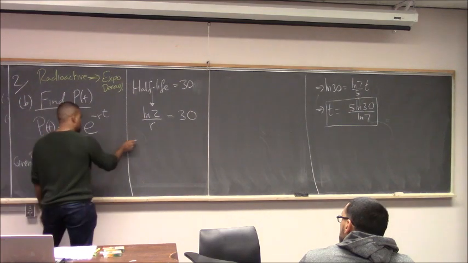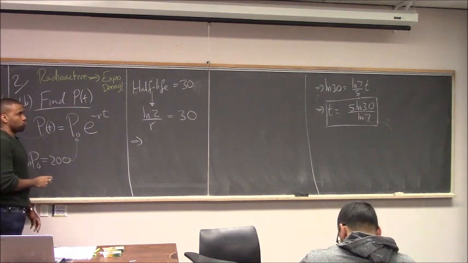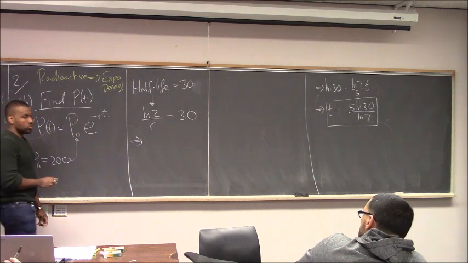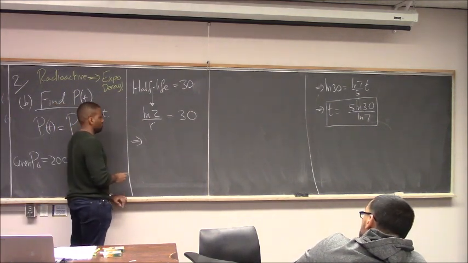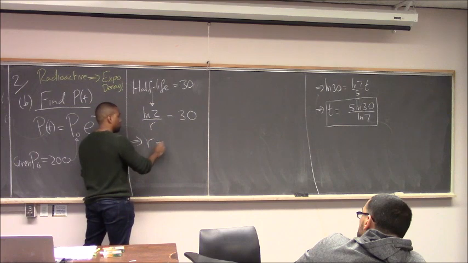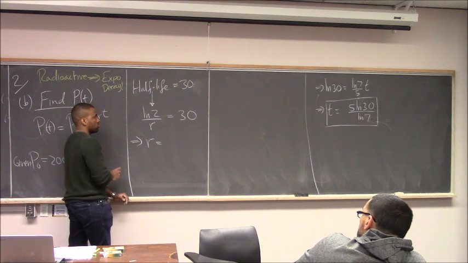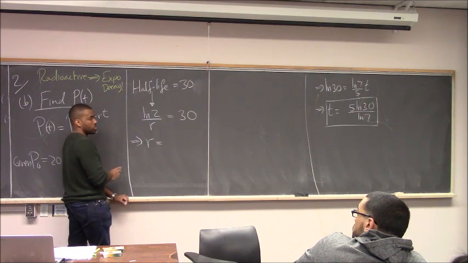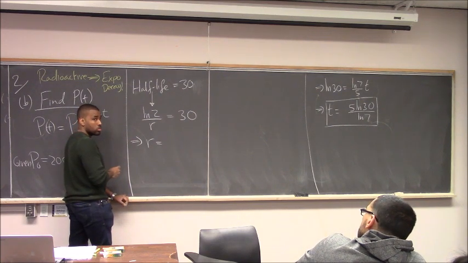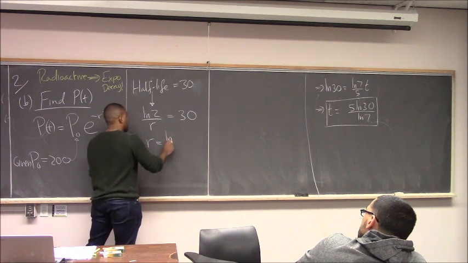So you solve for R? Right, how do you solve for R? What would R be? Shouldn't you multiply by 30 on the other side? Yeah, it's ln 2 divided by 30. ln 2 over 30.